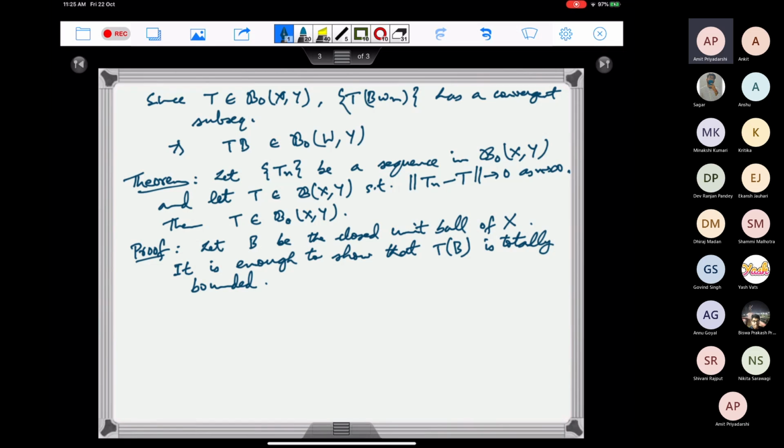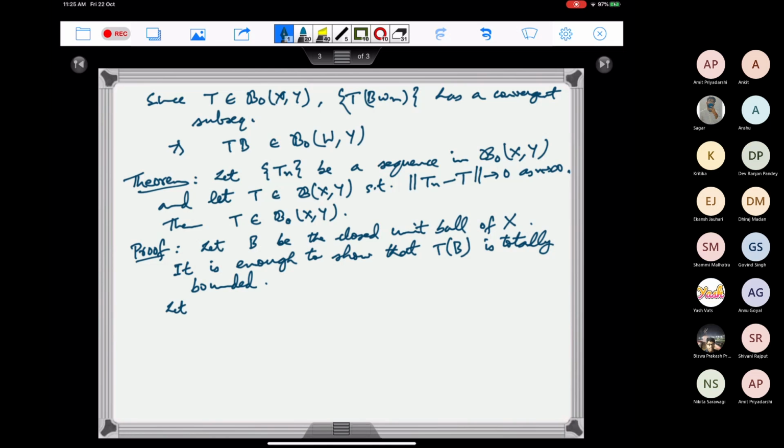Right? So it is enough to show that the image of the unit ball is totally bounded. So for that we have to show that this can be covered by a finite number of epsilon balls. So let us start with any epsilon. Let epsilon greater than 0 be given. Then let's first use that norm of T_n minus T goes to 0.